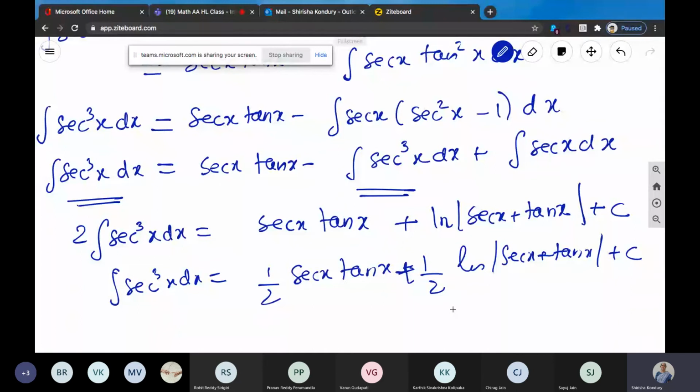In that sense, I felt integration by parts might be a better lesson to do today. Let's look at some more examples. Are there any questions? No questions?